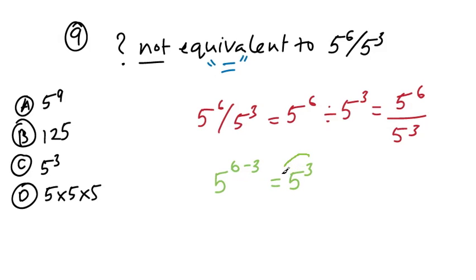So this is an answer, but is it the answer the question was asking? As I look back here, I was asked which of these is not equivalent to what we just figured out, which is not equal. So I see C is 5 to the third. Well, 5 to the third is equal to 5 to the third, what we just did.